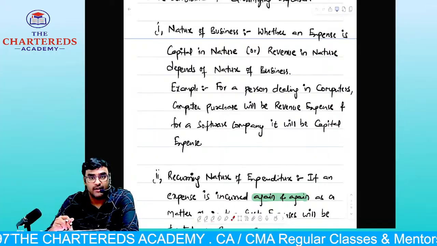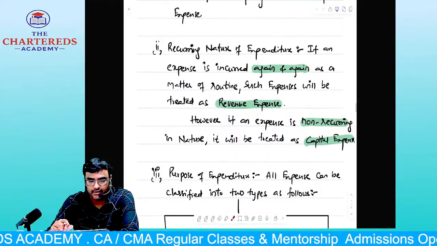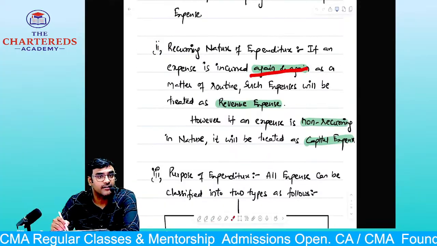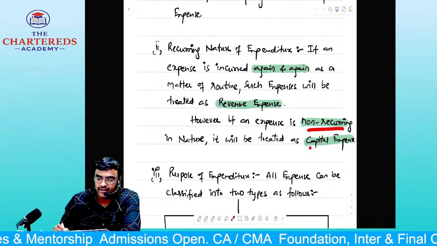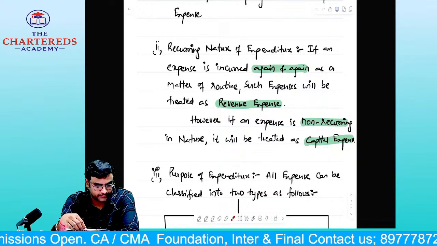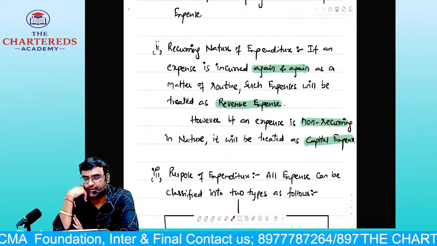Can I display the second one? Right. Depends on recurring nature of expenditure. If an expenditure is incurred again and again, it is called revenue, and if it is non-recurring in nature, it is called capital. The second one, recurring nature of expenditure.